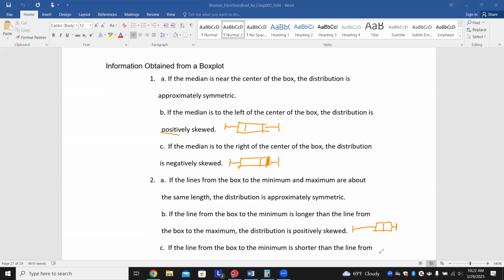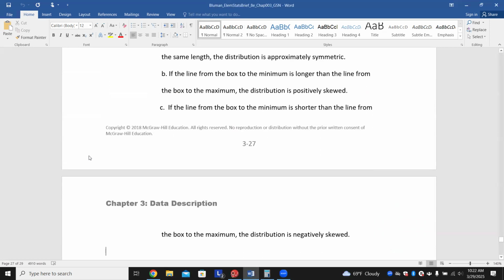If the line from the box to the minimum is shorter than the line from the box to the maximum, the distribution is negatively skewed, meaning my data is being pulled to the right. Those are some rough drawings.